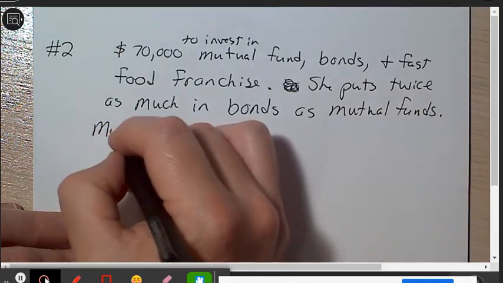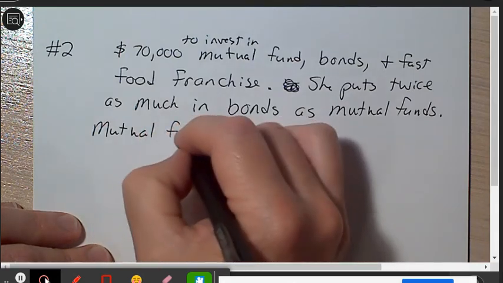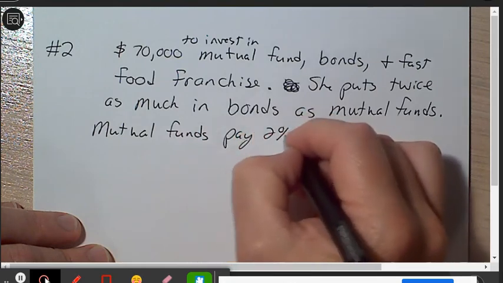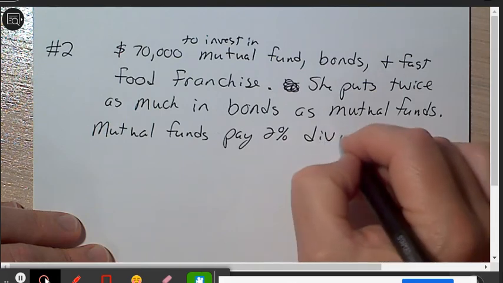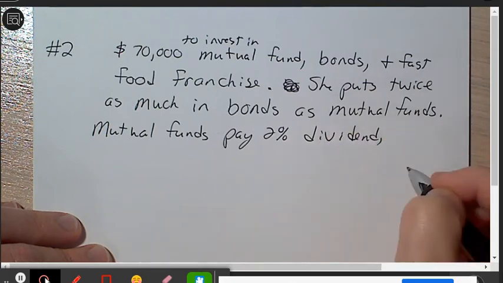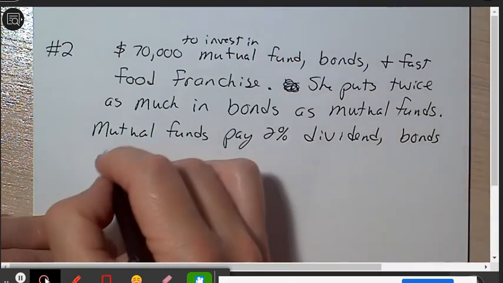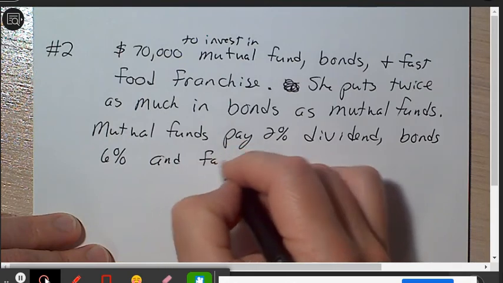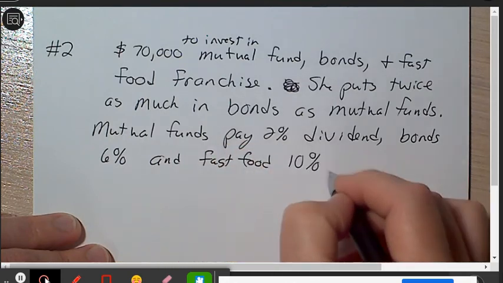From what she can tell in the past, mutual funds pay 2% dividend, bonds 6%, and the fast food franchise 10%.